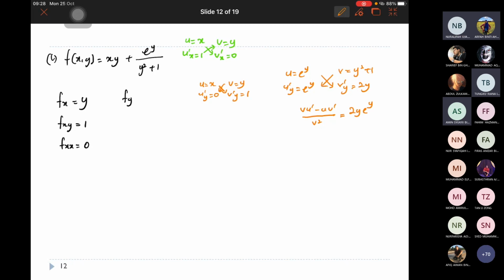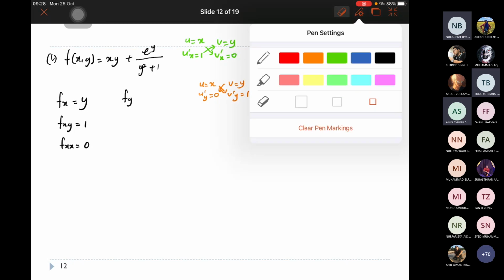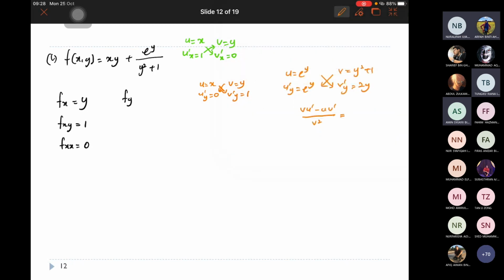Dua y exponential y v u prime. Okay. V u prime exponential y squared plus 1 minus exponential y 2y divided by v squared y squared plus 1 kuasa 2. Dapat Fy.